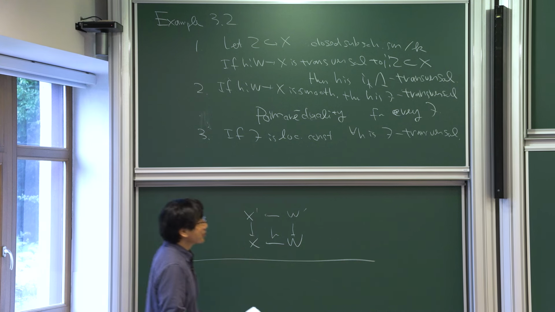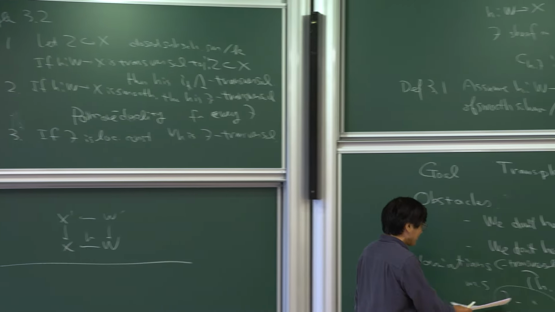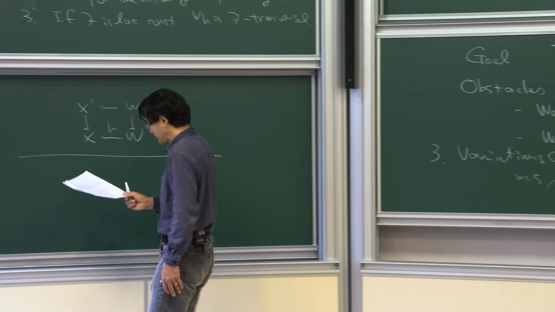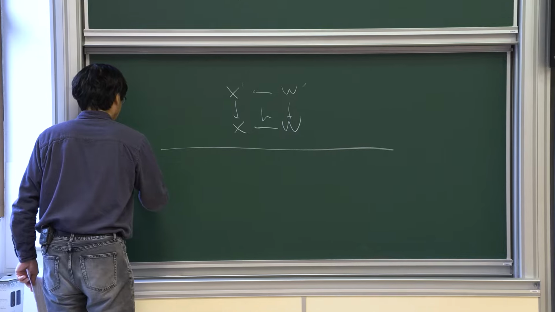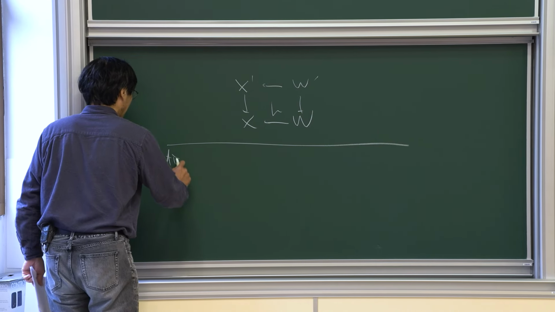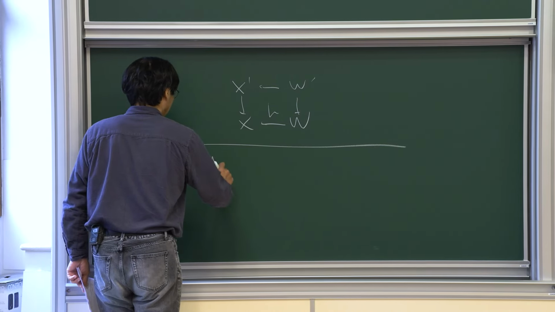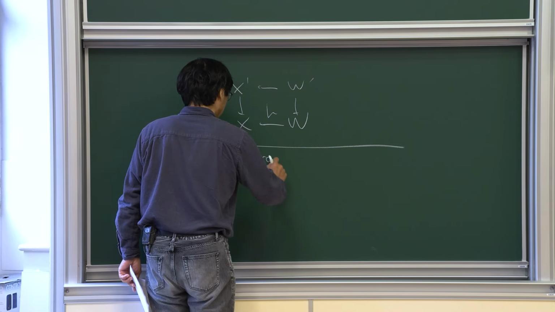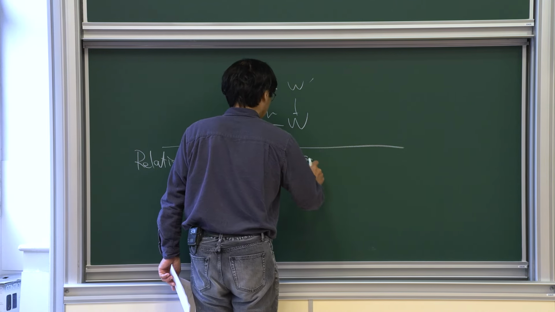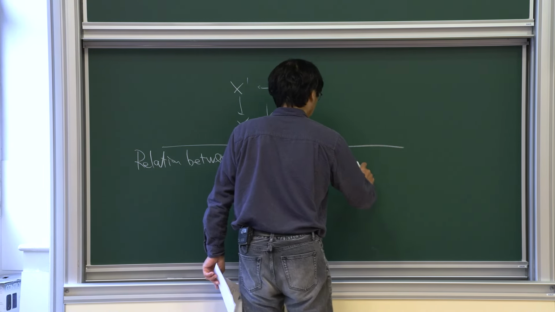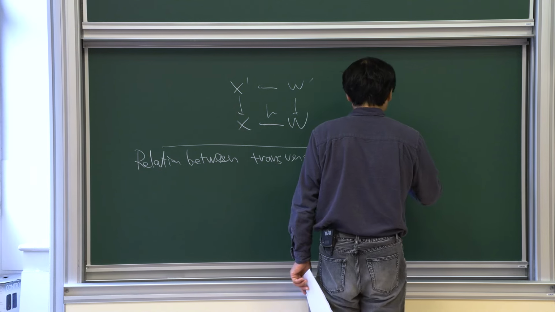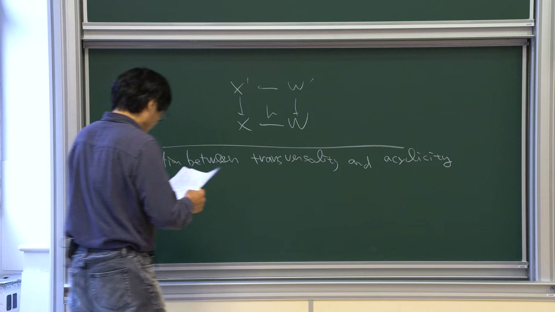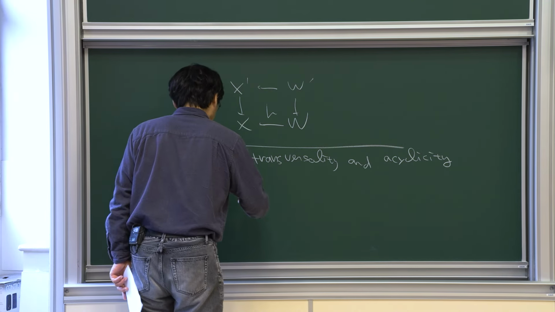Okay, so now we have a notion of F transversality and F acyclicity. So let me study the relations between transversality and acyclicity. Let me start with some easy case.